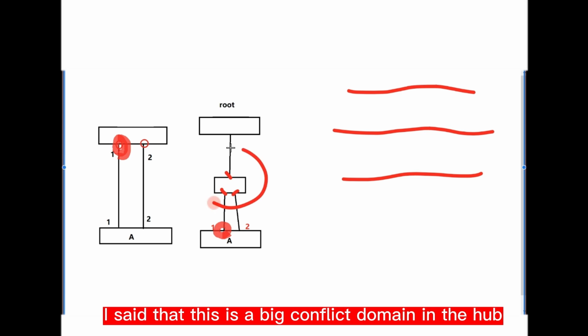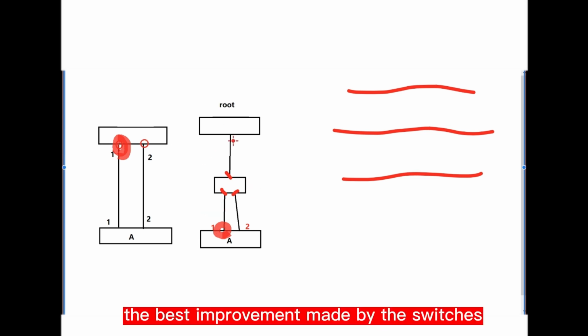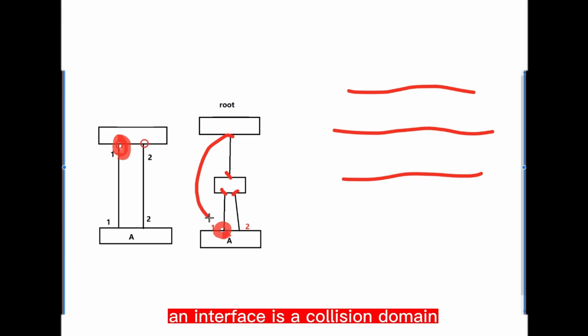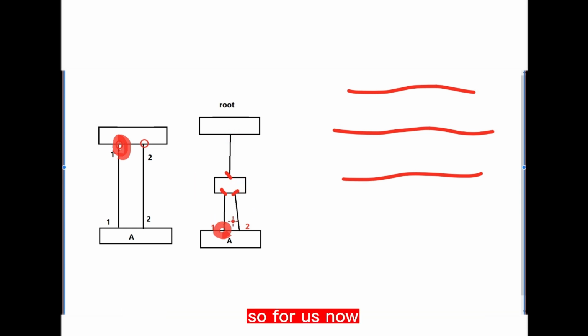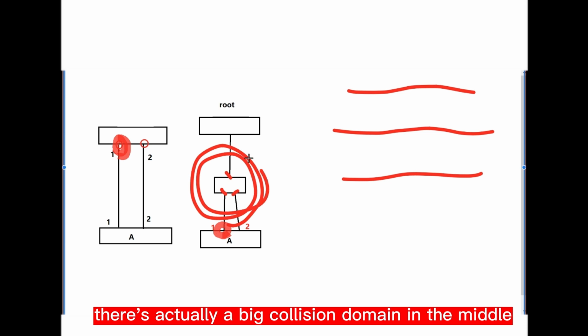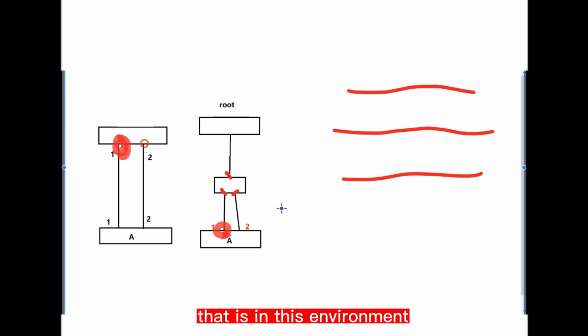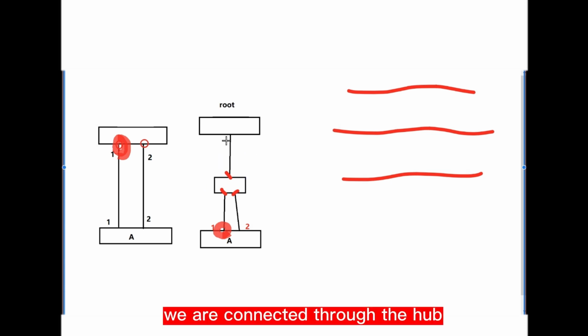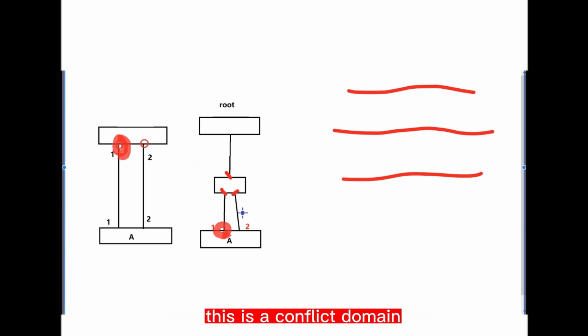I said that this is a big conflict domain in the hub. The best improvement made by the switch is that an interface is a collision domain. So for us now, this is a conflict domain. But for hub networking, there's actually a big collision domain in the middle. That is, in this environment, we are connected through the hub. This is a conflict domain.